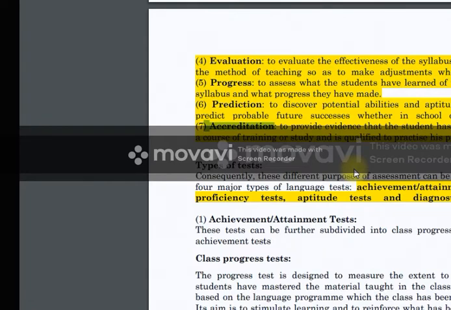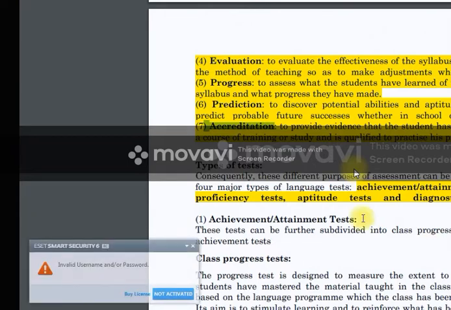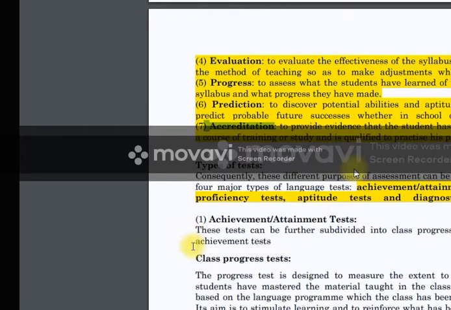Now let us go to the types of tests. Broadly, we have four types of tests. Achievement or attainment tests, this is number one. Proficiency test, number two. Aptitude test, number three. And diagnostic test, number four.